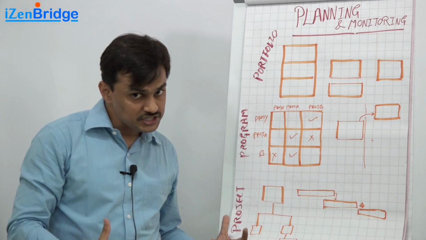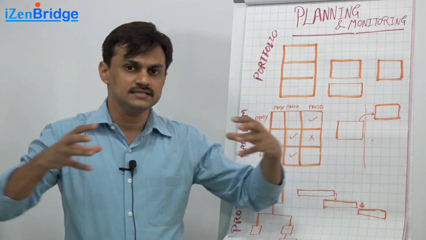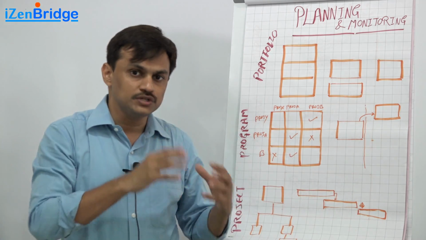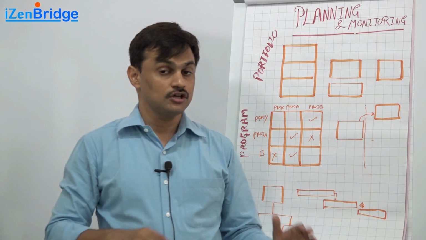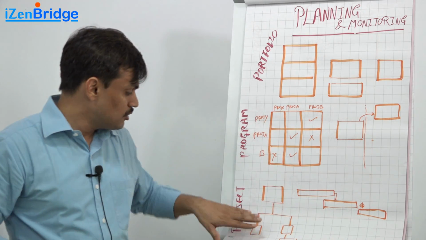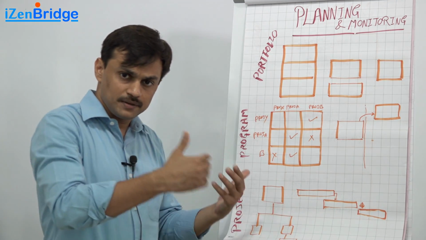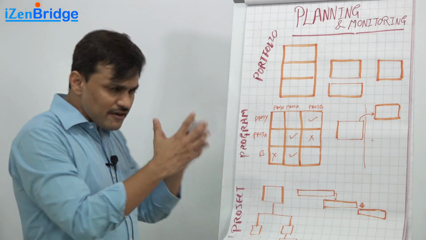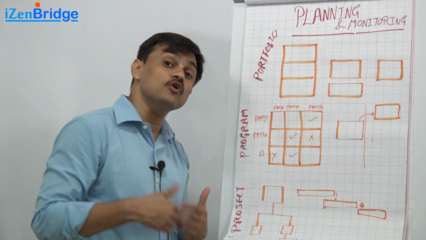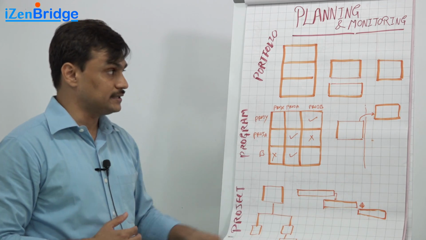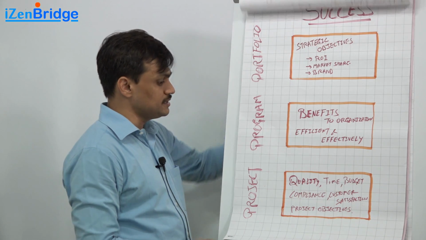So those kinds of things keep emerging, and we also start looking at various detailed activities and how they get executed, how they are dependent on each other, and execution level planning and detailed planning gets done for a given part of the project when we get into project level planning. The project level planning is also progressive planning. We don't end up planning everything in detail from day one. As things emerge, as we know more about the things, we elaborate the plan. So this is how these things are different at these levels.